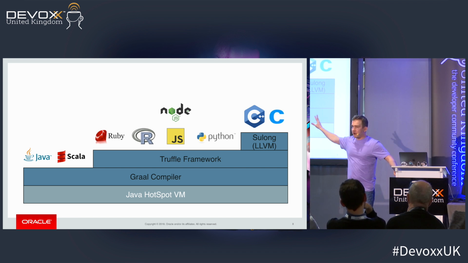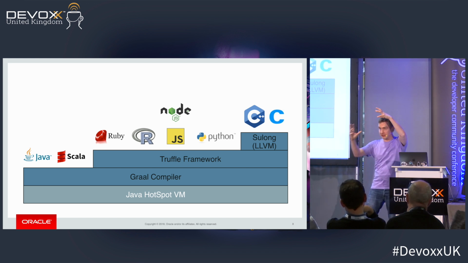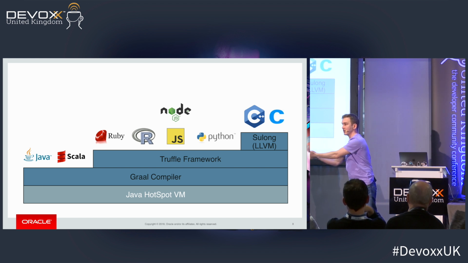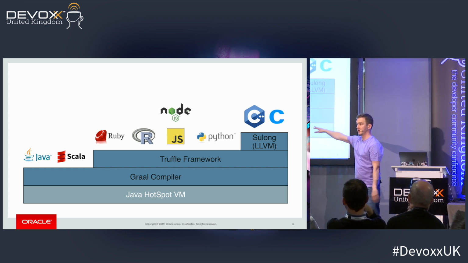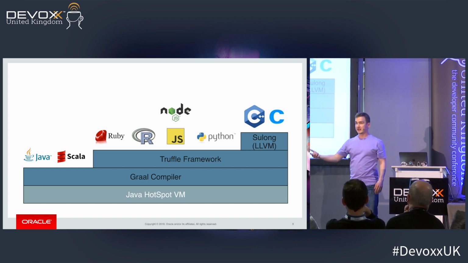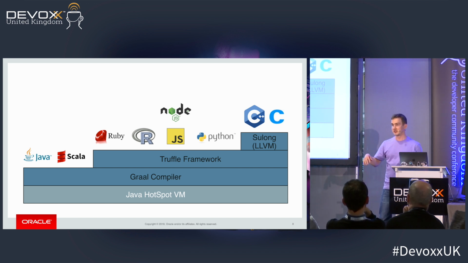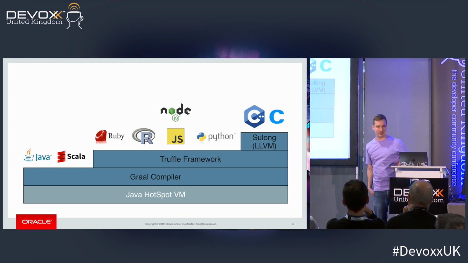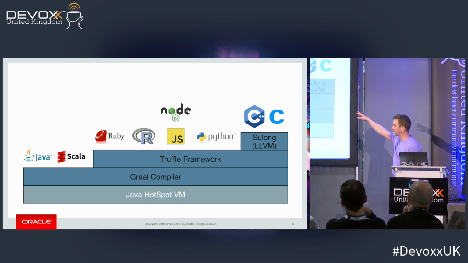So with Truffle Framework, that interpreter can be compiled at runtime very efficiently. First, at the interpreter level, and then it is passed to the Graal compiler, which sits below there, and it gets compiled once again at a lower level. So there are 2 high-level optimizations happening, and that's how we get very decent performance out of the dynamic languages.